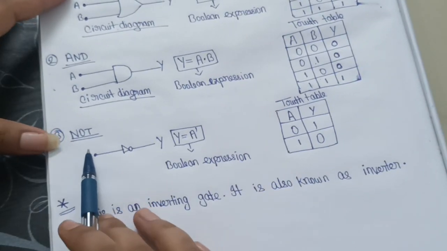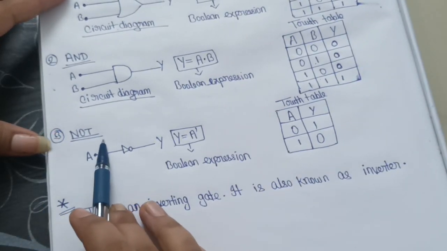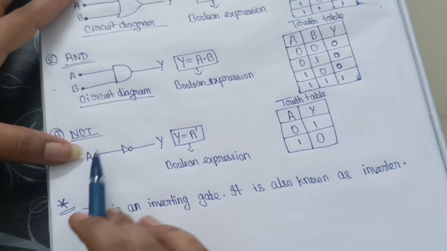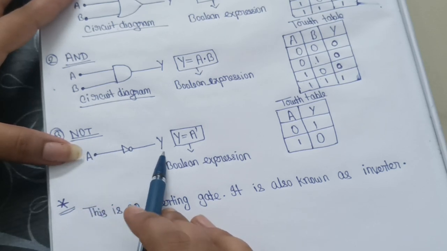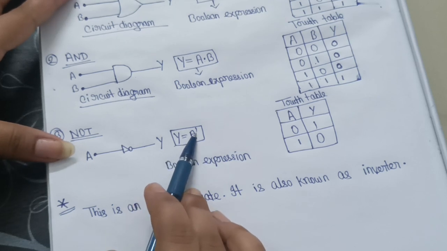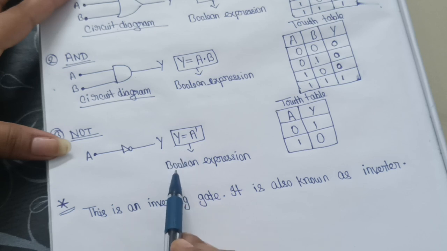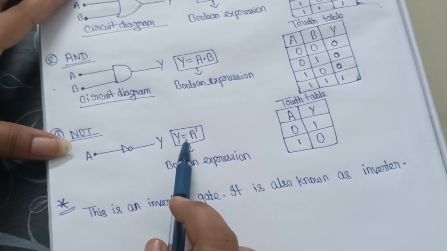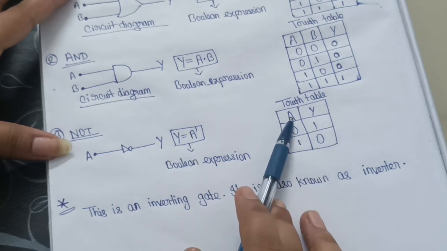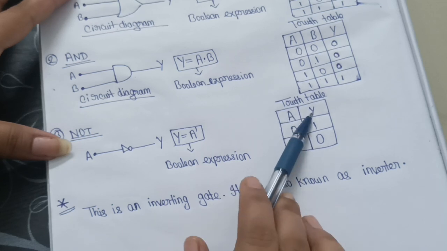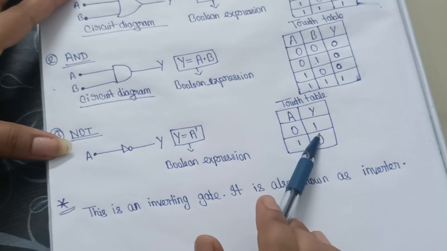Okay, third is the NOT gate. The NOT gate has one input and the output will also be one. Y equals A dash. This is the Boolean expression Y equals A dash, and its truth table has A and Y. A is the input and Y is the output.